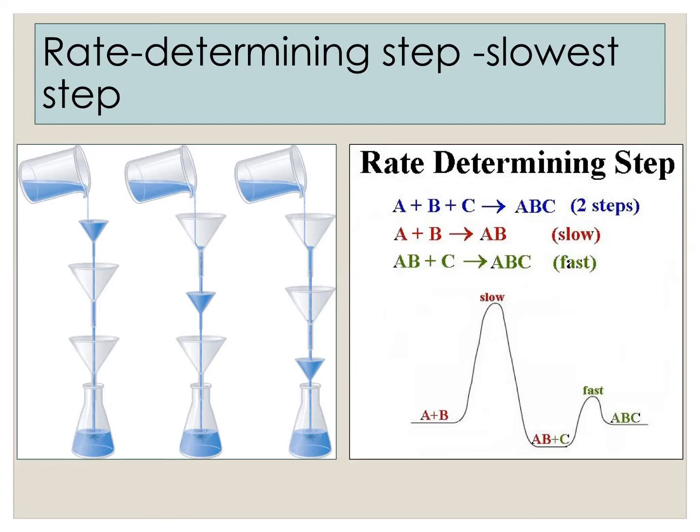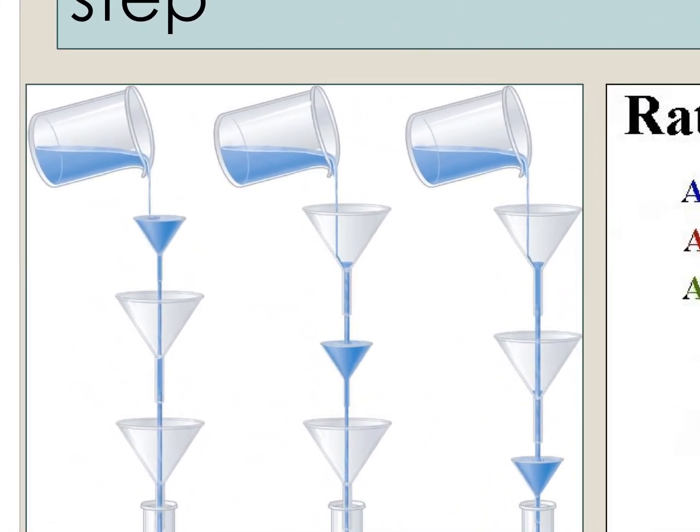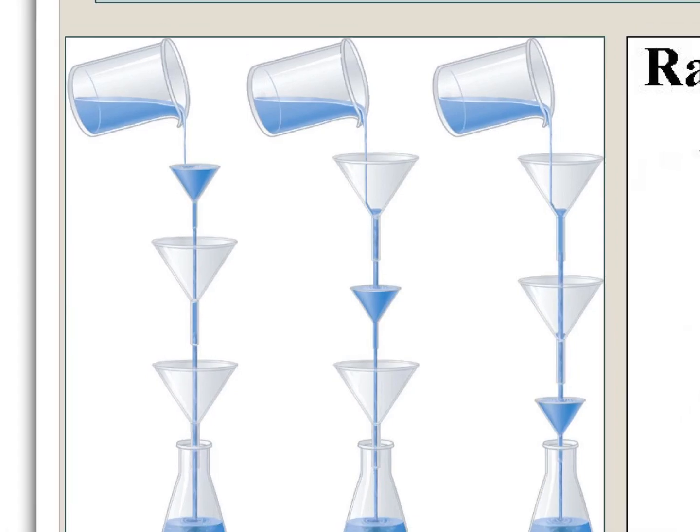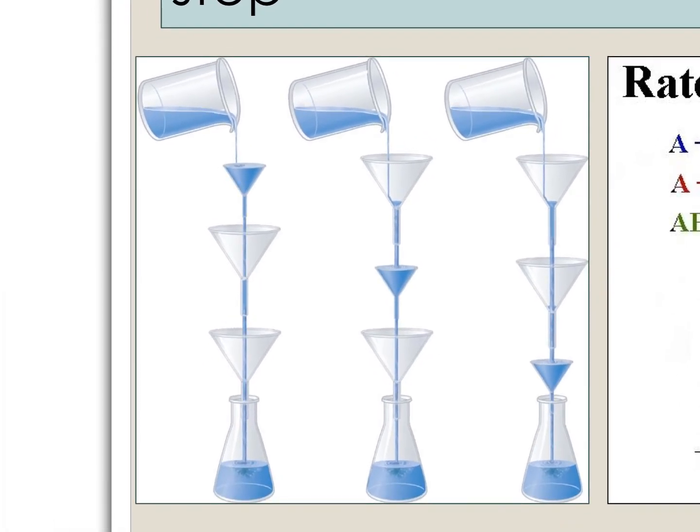So let's look at a visual here. First thing, I'm going to talk about a rate determining step, and this is a perfect visual for that. This tiny funnel is going to be our rate determining step for filling this Erlenmeyer. It doesn't matter if this funnel was the size of a bathtub, the size of the ocean, or just a tiny bit bigger than this one.